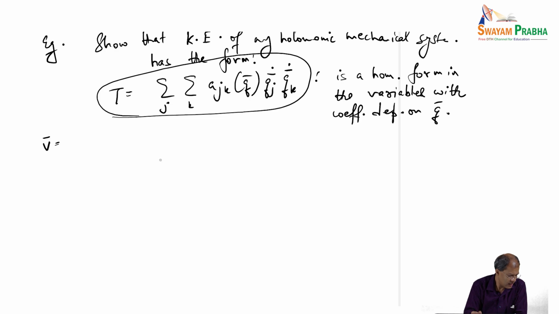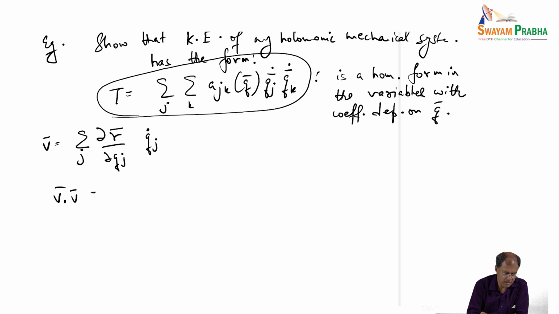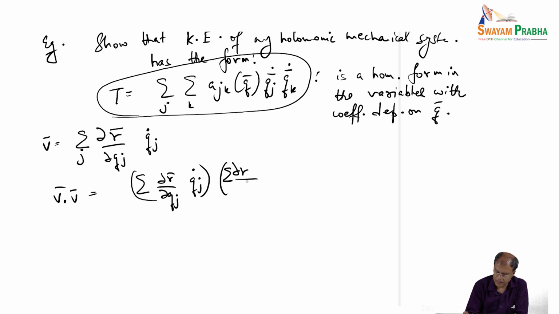So to do that, let us see that my velocity v has the form summation partial r partial qj times qj dot, right? And if we were to find v dot with v, I see that this is going to be summation partial r partial qj dot and partial r partial qk dot, right?